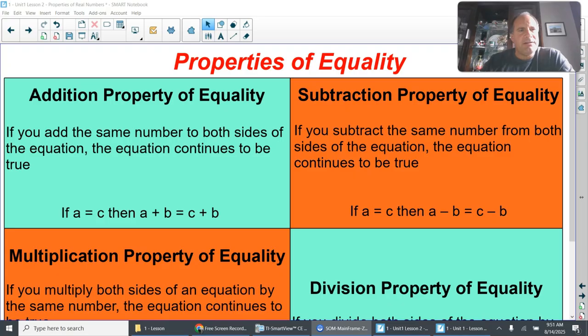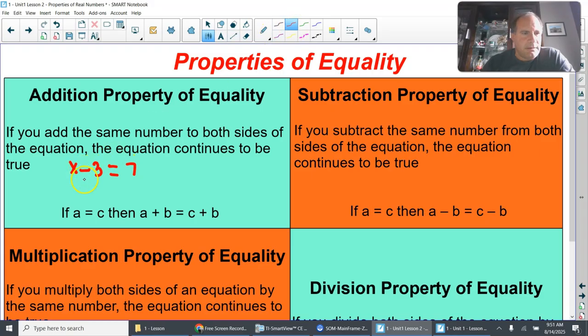Addition property of equality. If you add the same numbers on both sides, that is called the addition property of equality. So if you have something like x minus 3 equals 7, and you add 3 on both sides, what you're doing, this is an example, x equals 10.